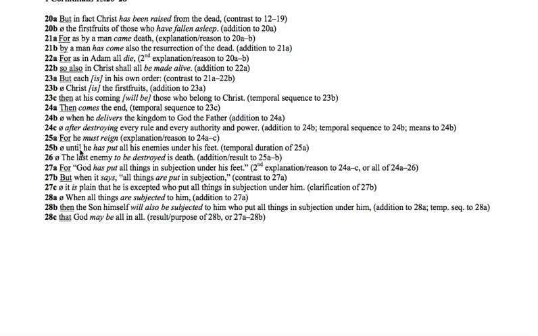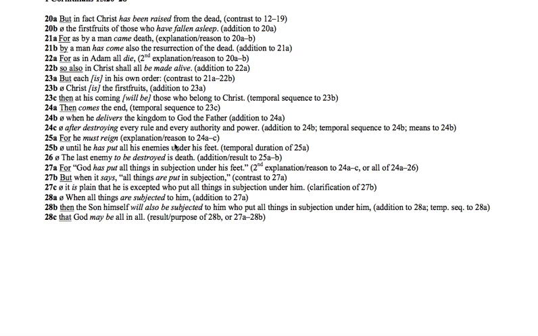So he must reign until he has put all his enemies under his feet. And so I have regarded the idea here is that this is providing the temporal duration of 25a. All right? And then 26, the last enemy to be destroyed is death. Notice asyndeton, we don't get the kind of conjunction to explain the relationship of this simple sentence to what precedes.